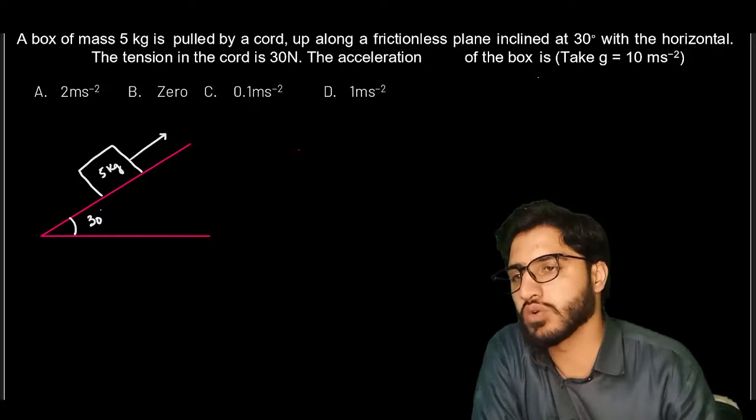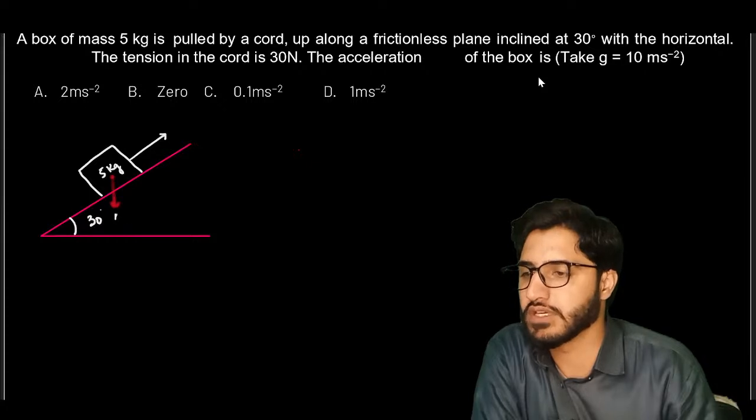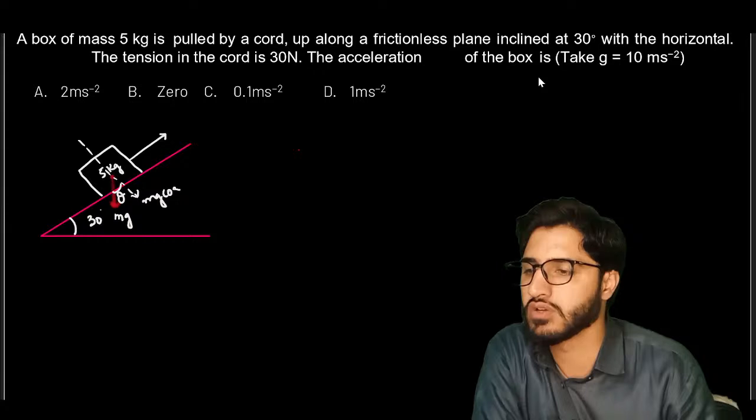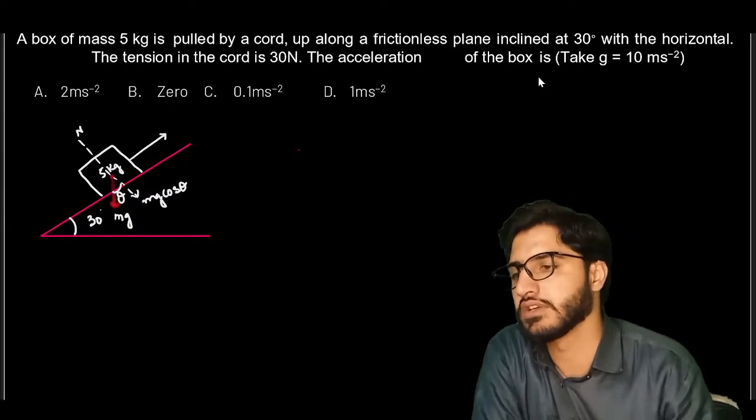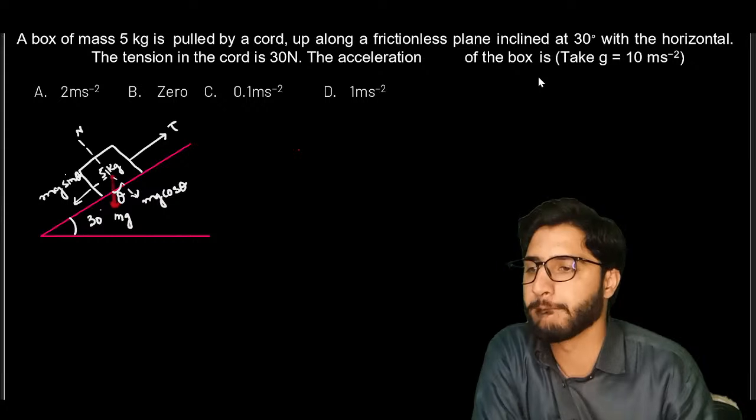So this will show my mg. Okay, and if this is theta, this is also theta, so it will be equal to mg cos theta. This is normal reaction, and this would be mg sin theta. This one is my tension. Tension is given to be how much? Actually 30 Newton. This one is 30 Newton.